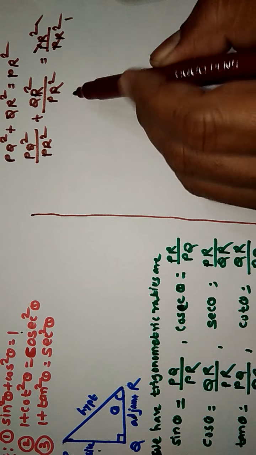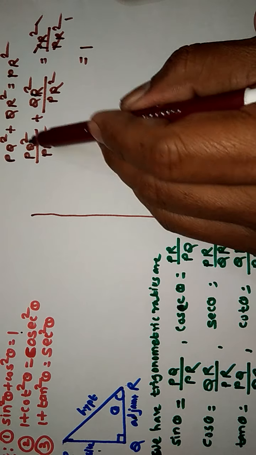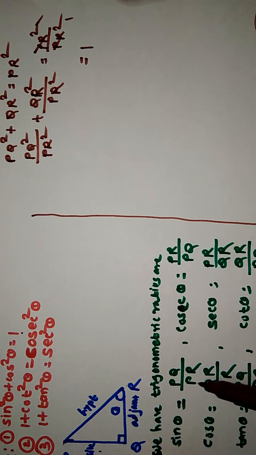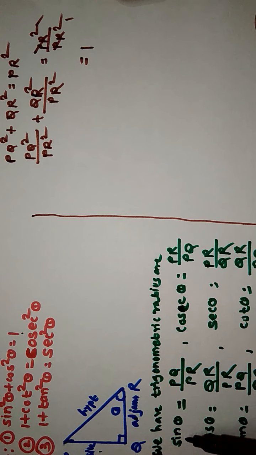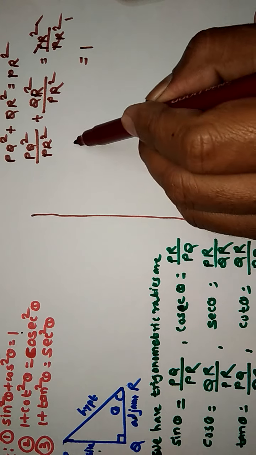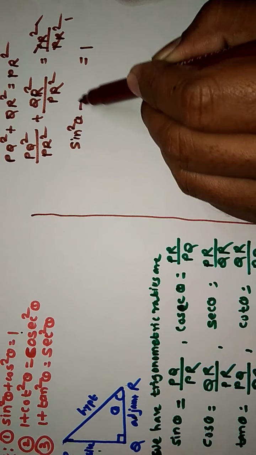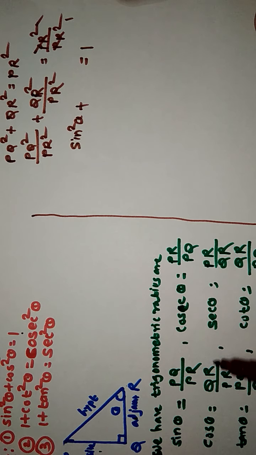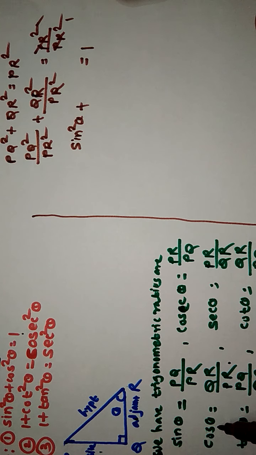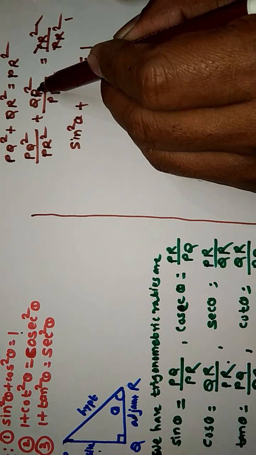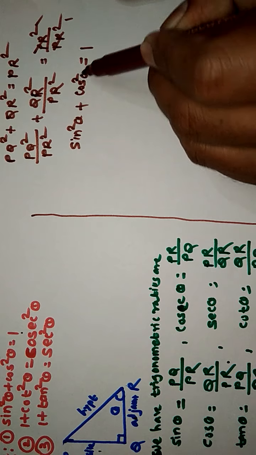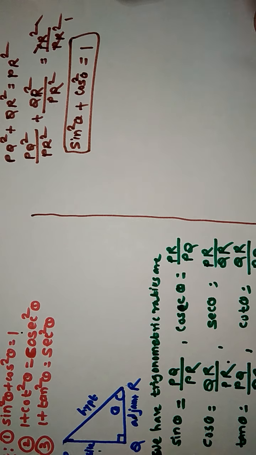Here both cancel, we get 1. See here, PQ upon PR means sine theta, so its square means sine square theta. Here QR upon PR is cos theta, so its square is cos square theta. So we prove the first identity.